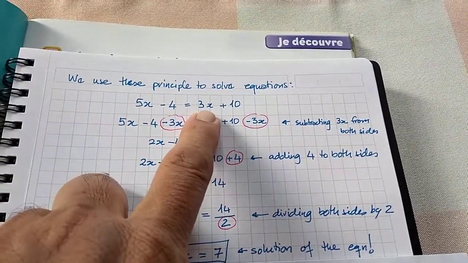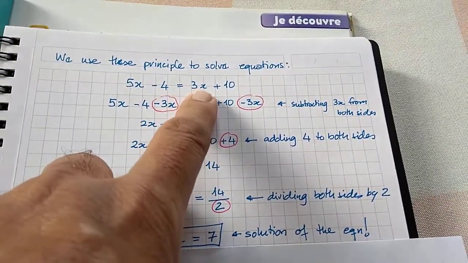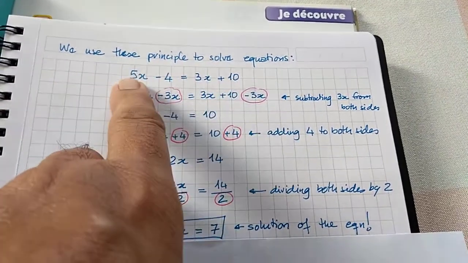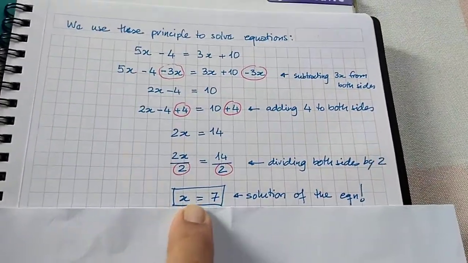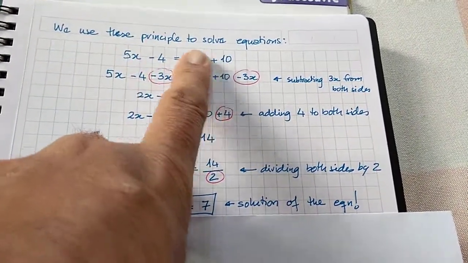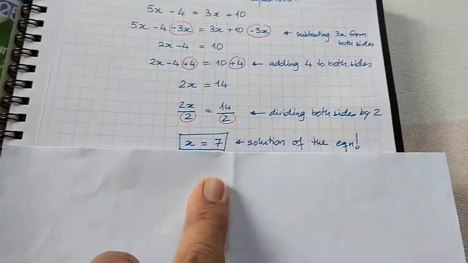On the right side, x is 7, 3x is then 3 into 7, 21, plus 10. 21 plus 10 will give us 31. So left side is 31, right side is 31. Therefore 7 satisfies this equation, which makes this equation valid.